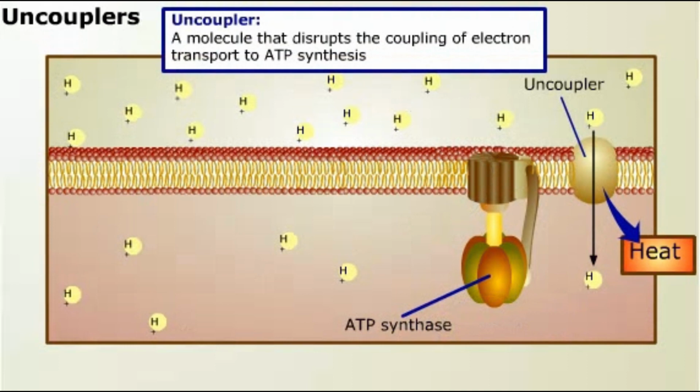Unlike inhibitors that bind to specific enzymes, uncouplers are hydrophobic molecules that carry protons across the inner mitochondrial membrane. Uncouplers allow protons to bypass ATP synthase and re-enter the mitochondrial matrix. The energy stored in the proton gradient is lost as heat rather than used to synthesize ATP. Uncouplers destroy the proton gradient and prevent ATP synthesis.